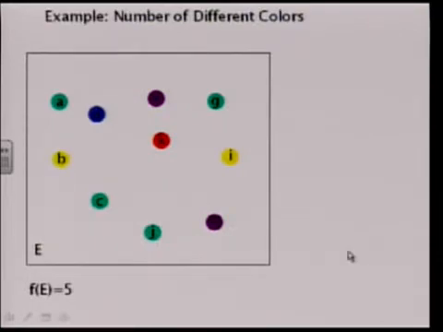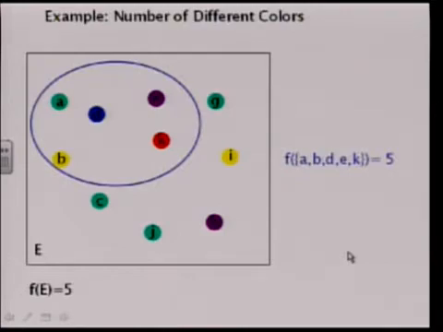Like for this example, once you gain your intuition, you can actually prove the number of different colors is a submodular function. By enumerating all the cases? No, you prove it by picking two arbitrary subsets. I don't know. Right now I pick this group and that group, and it satisfies the condition.